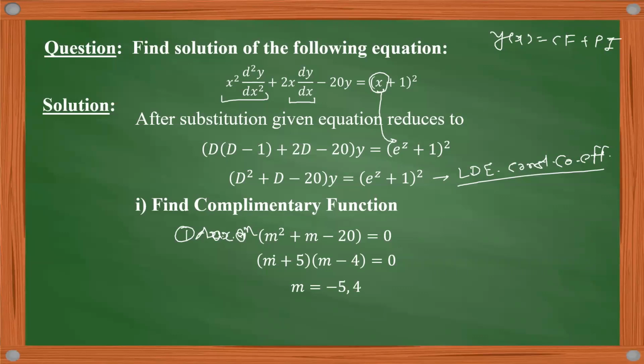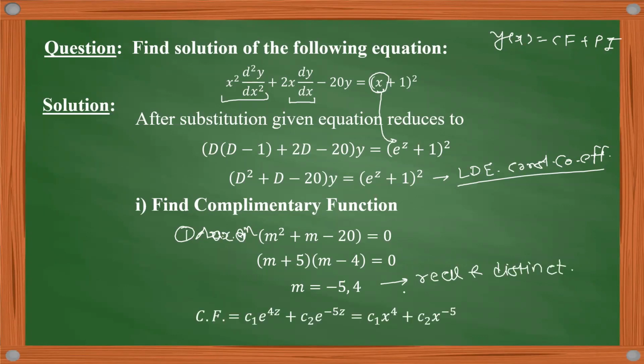So roots of this auxiliary equation are minus 5 and 4, and we can see that these roots are real and distinct. So its complementary function will be equal to c1 e to the power 4z plus c2 e to the power minus 5z.